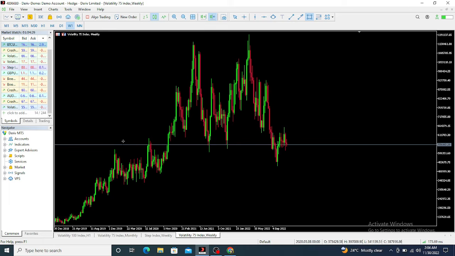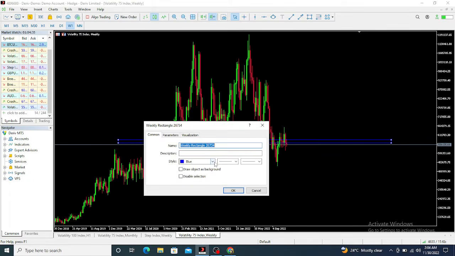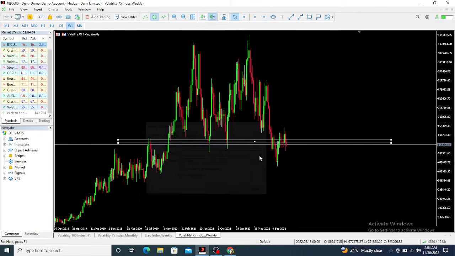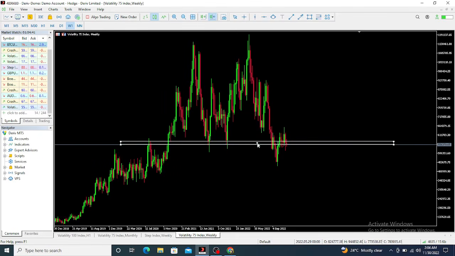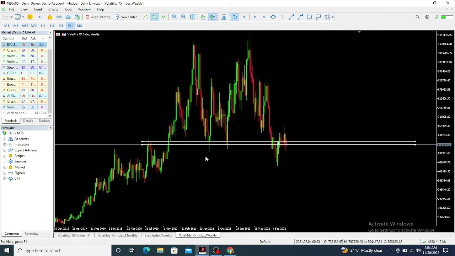So where the market currently is on V75 too is a very strong area which the market has been respecting for months. Okay, so you try to draw it as close as possible so that it could occupy this bounce.